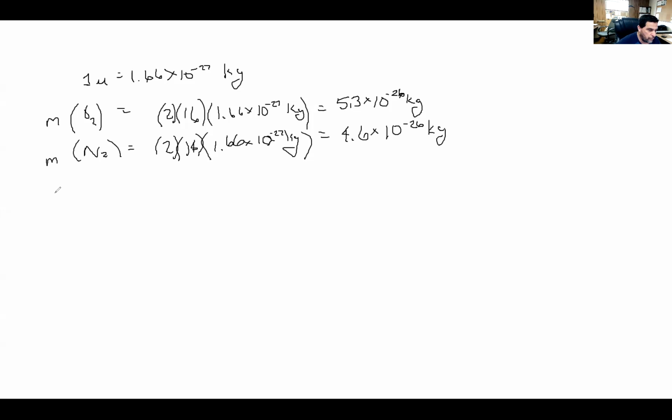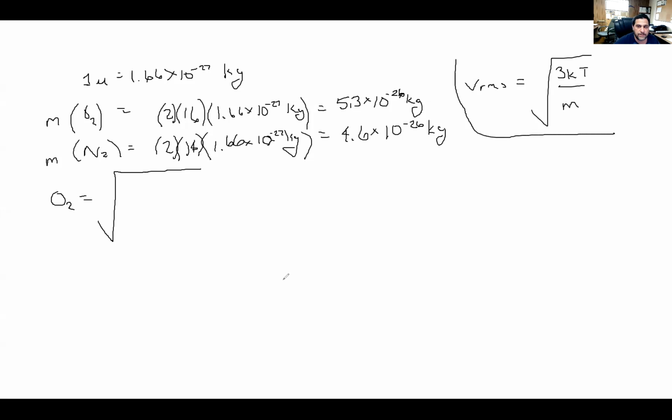Okay. So for O2, the root mean square for O2 molecules. The equation that we had is VRMS equals the square root of 3KT over M, where K is your Boltzmann's constant and M is your mass.